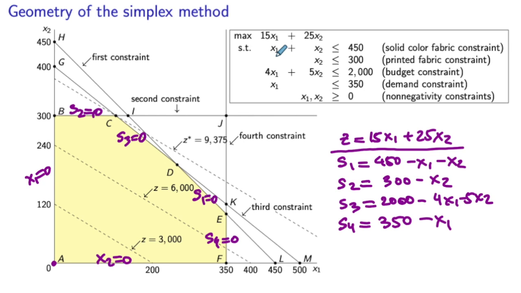And if, let's say, we have two slack variables set to 0 at the same time, such as s2 and s3, then this means that we want the second and the third constraint to be satisfied at equality at the same time. And we can see that setting s2 and s3 to 0 defines one of the extreme points in the feasible region, which is the point C, which happens to be the optimal solution.